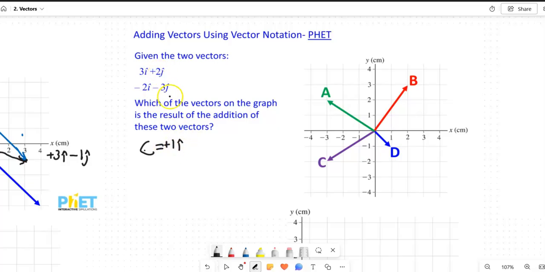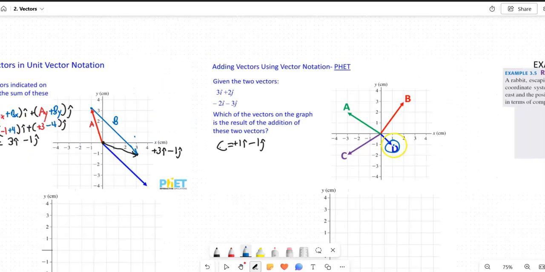So +2 minus 3 is going to be -1j. So we're looking for a vector that is pointing to the right 1 and down 1. So that is vector D. So the correct choice is D.